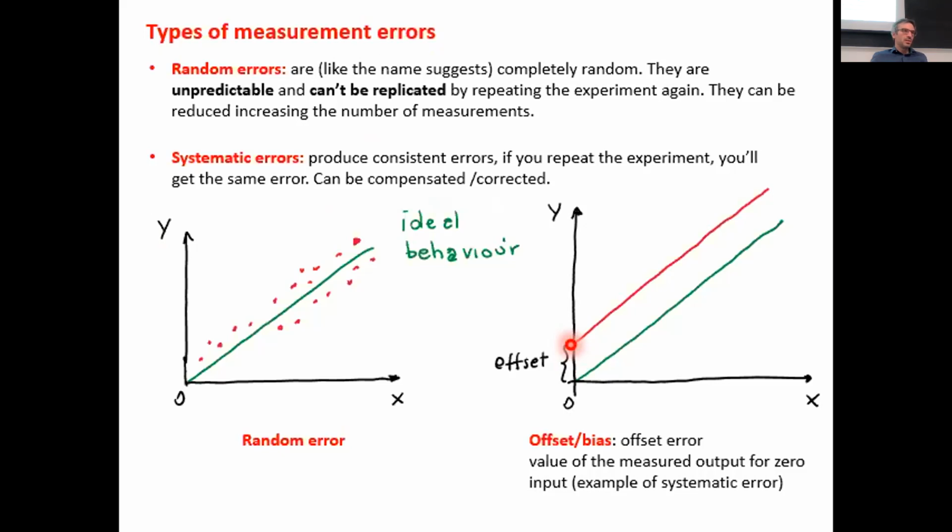So this is an offset, and whenever we want to read the force, we need to subtract this offset in our software, such that the output of 0.1 volt will correspond to zero force. So we can compensate for this.